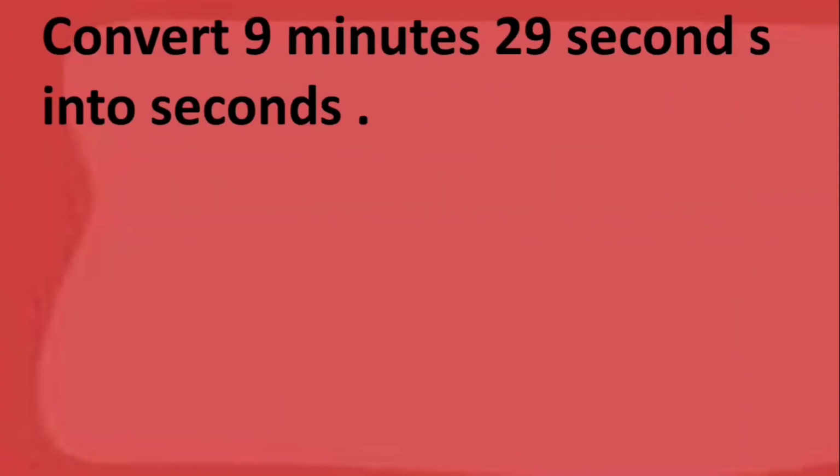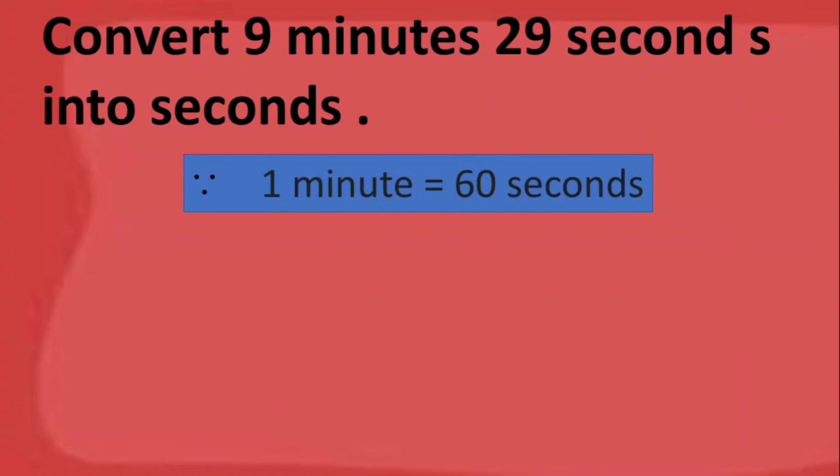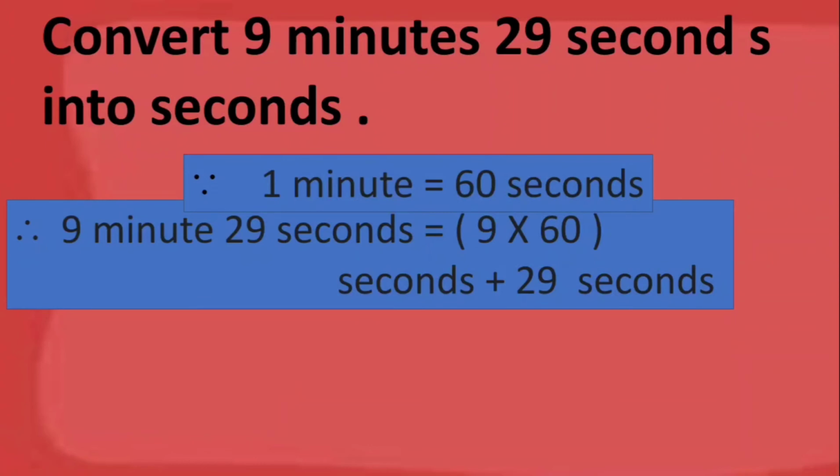Now let us convert 9 minutes and 29 seconds into seconds. Dear students, as we know, first we will write since 1 minute equals to 60 seconds. Therefore, for 9 minutes 29 seconds, first we will convert 9 minutes into seconds. For that we will multiply 9 by 60 and then we will add the remaining seconds, that is 29 seconds.